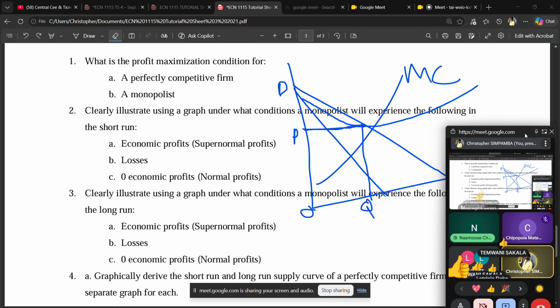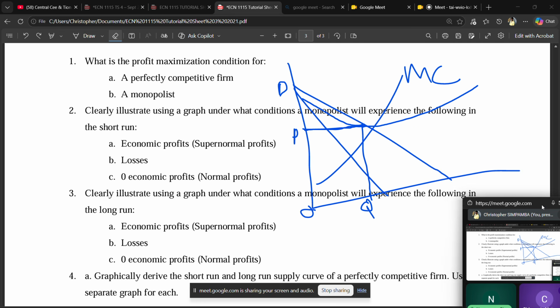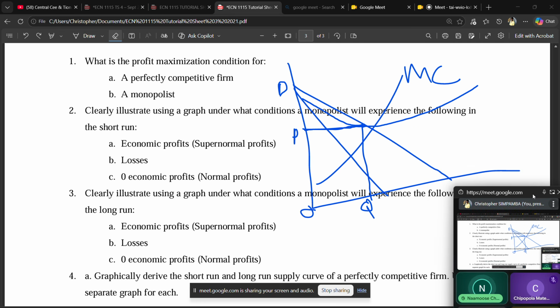Yes, go ahead. What are avoidable costs? Avoidable costs are variable costs. The variable costs can be avoidable, but fixed costs cannot.